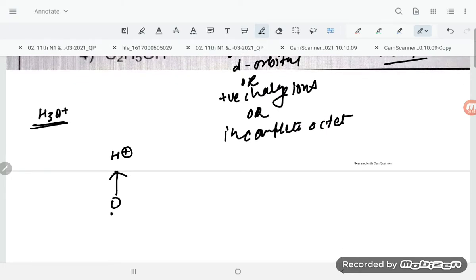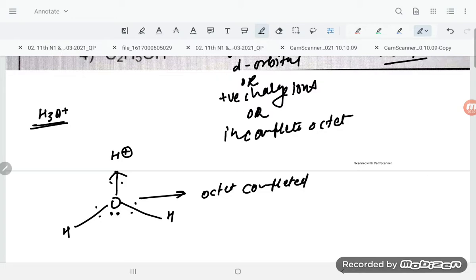Another lone pair is here, and one hydrogen is here, another hydrogen is here, right? So you add them up and you will find that the octet is complete here now: 1 2 3 4 5 6 7 8. So the octet is completed, so it does not accept a lone pair.